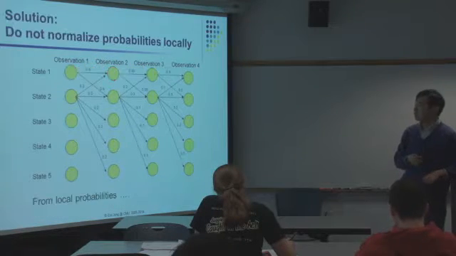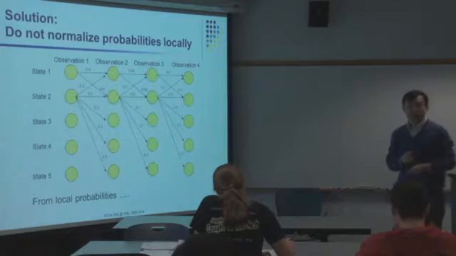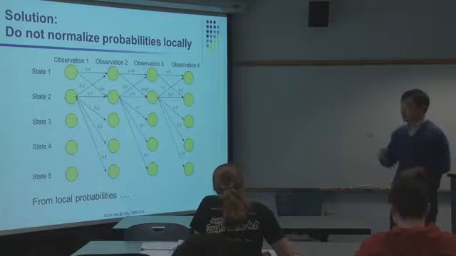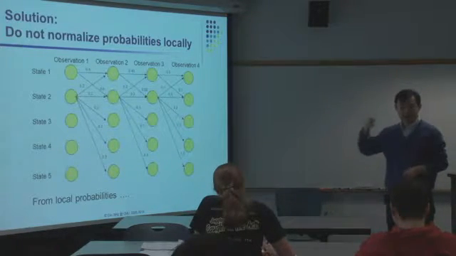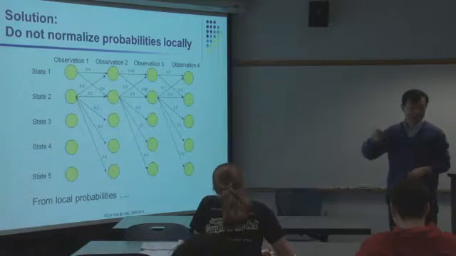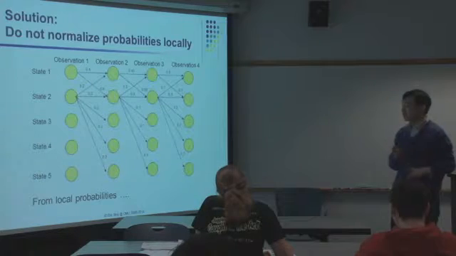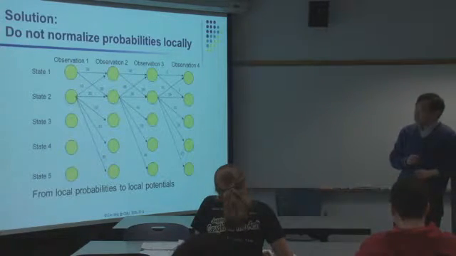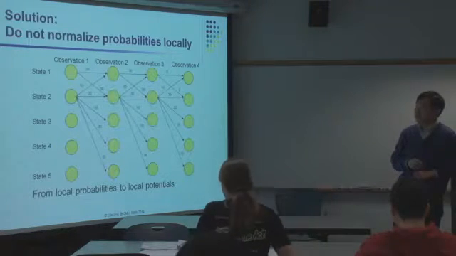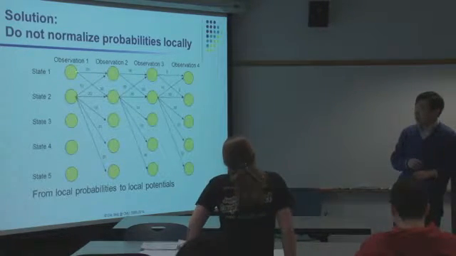So here is actually where, I don't know whether John Lafferty observed this artifact first and accordingly designed the model, or he came up with the model first and then went back and interpreted the model in this way. But nevertheless, what happened is the following. He chose to now not normalize the probability of every state, okay, locally. He basically just put them as a numerical weight. For example, this one has the option to go to two states.